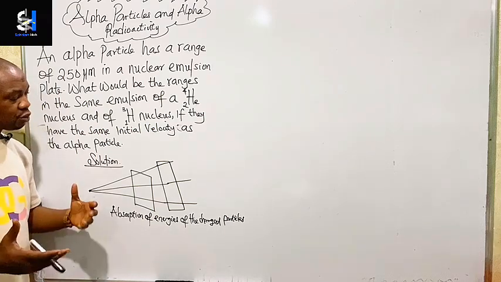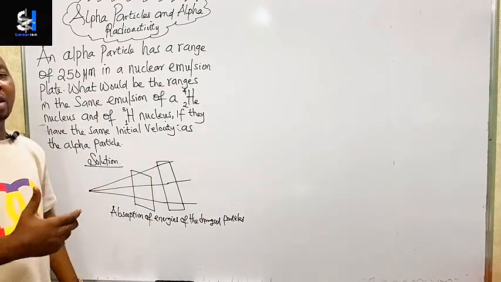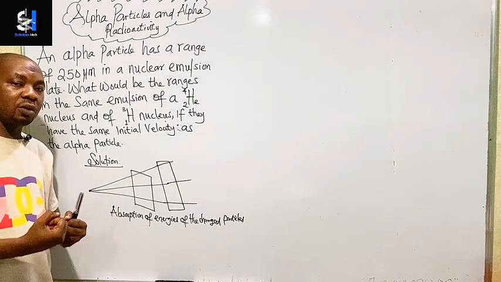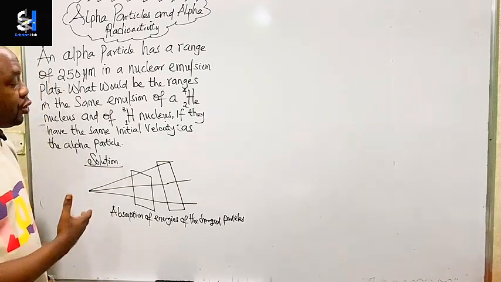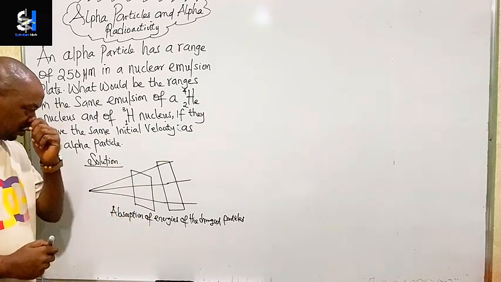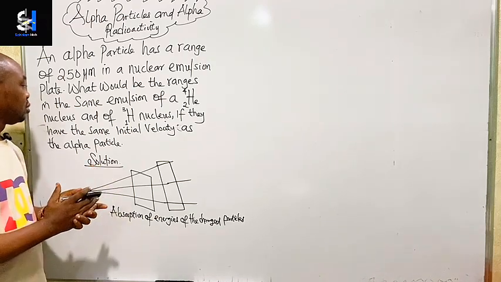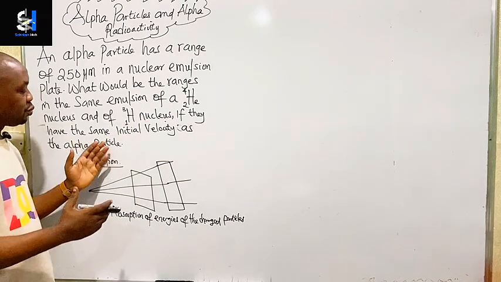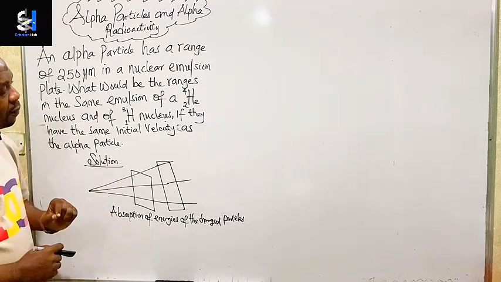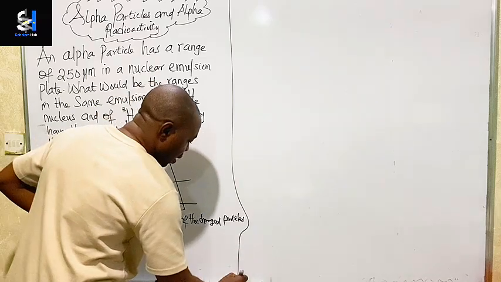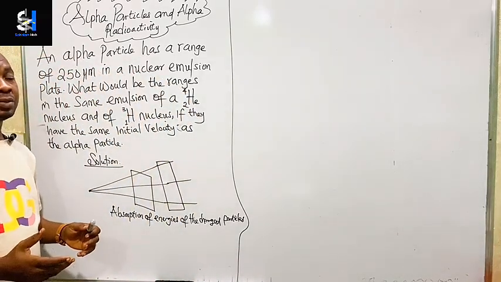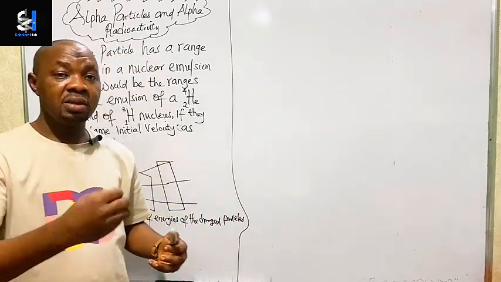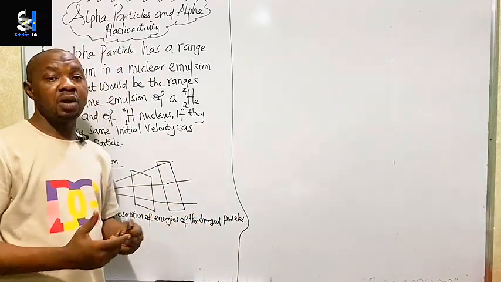We know that stopping power measures the rate at which the energies of the charged particles are absorbed by a material during nuclear emulsion. So to find out the range in the same emulsion of the helium nucleus and tritium nucleus having the same initial velocity, first, the range of charged particles in a material can also be determined by energy loss.